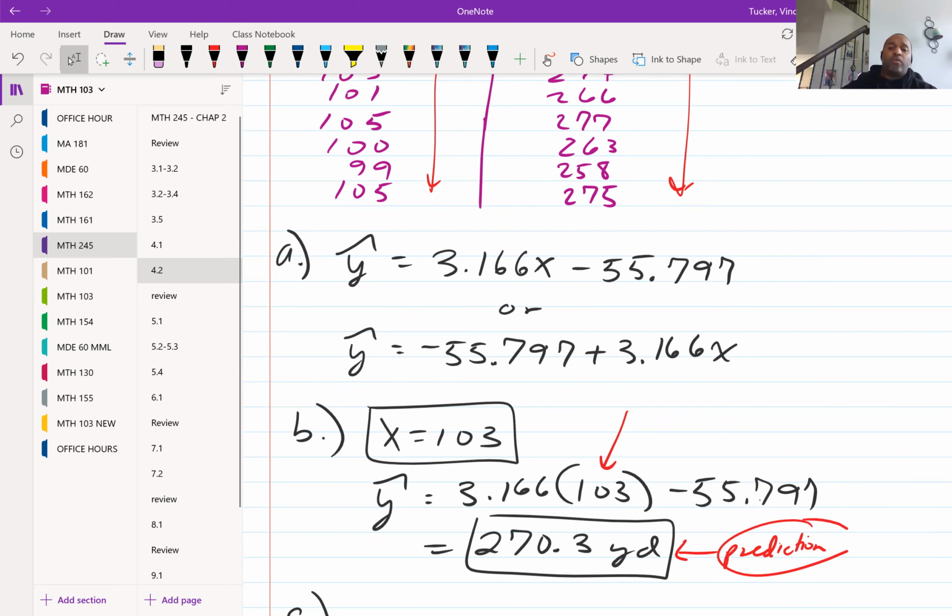So here we're predicting with the equation that if you hit the ball at 103 miles per hour, it will travel 270.3 yards. All right, any problems before we go to C?